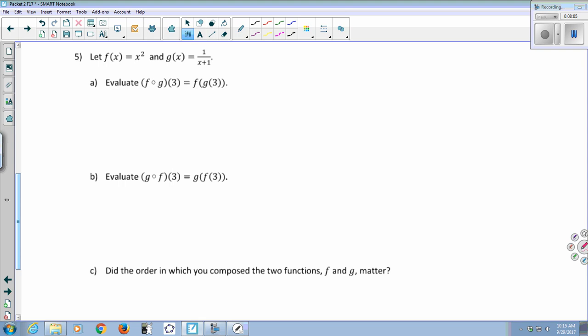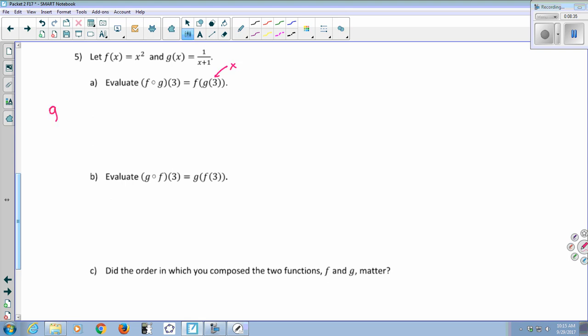Okay, so I've got two functions here. f of x is x squared and g of x is 1 over x plus 1. And I want to evaluate f composed with g at 3. That means plug 3 into g and then plug the result into f. So I start at the innermost parentheses and work my way out. My 3, that's an x value, and I'm going to plug it into g.